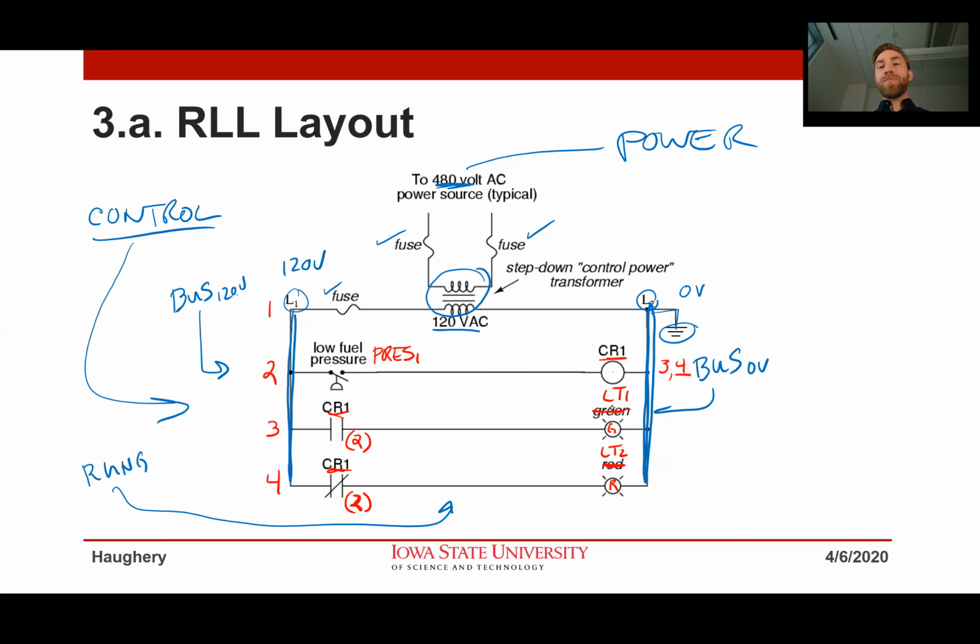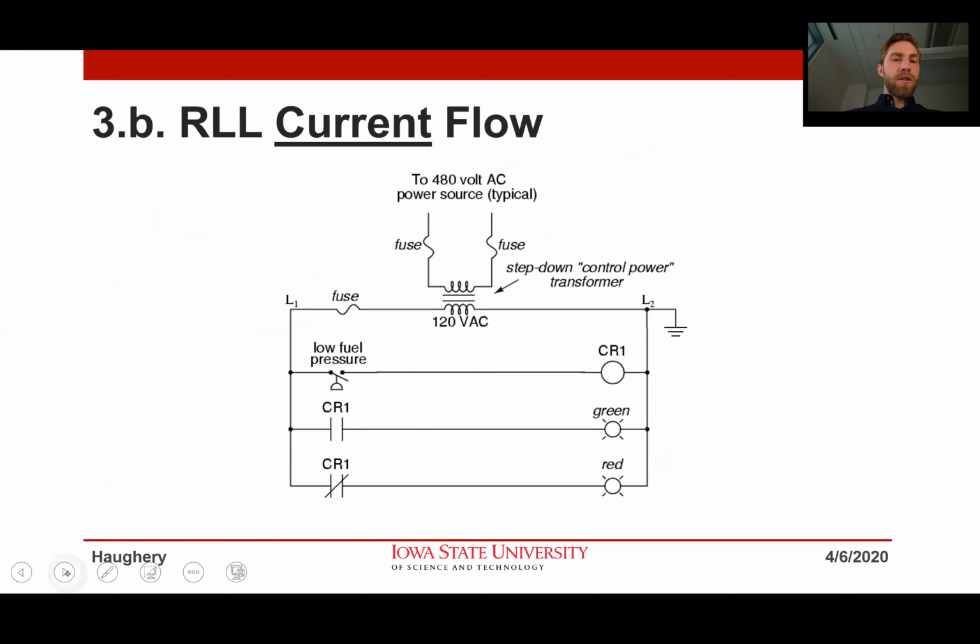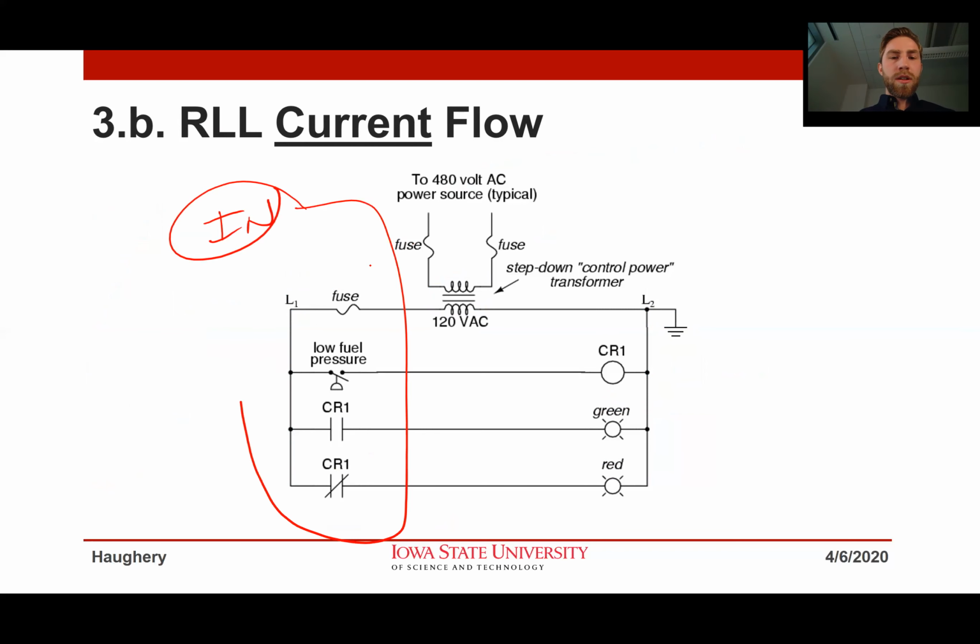When we say a clear, organized diagram, we want to be adding the rung numberings and the device labels on all the devices. The next thing we want to do is, whenever we have our inputs, we always put our inputs on the left side.